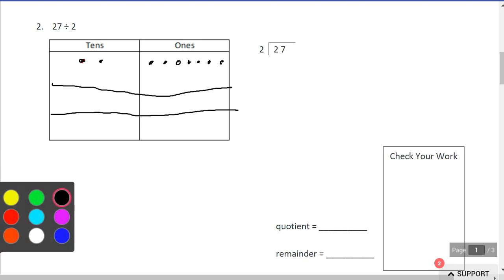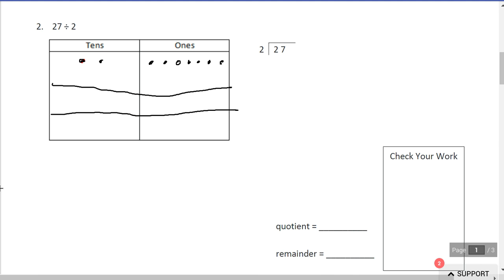So let's see. We should start over here with our tens. This one splits pretty easily. We have one here and one here. That splits nice and even. So let's see, how about over here? We got one there, one there, there's 4, there's 5, and there's 6.